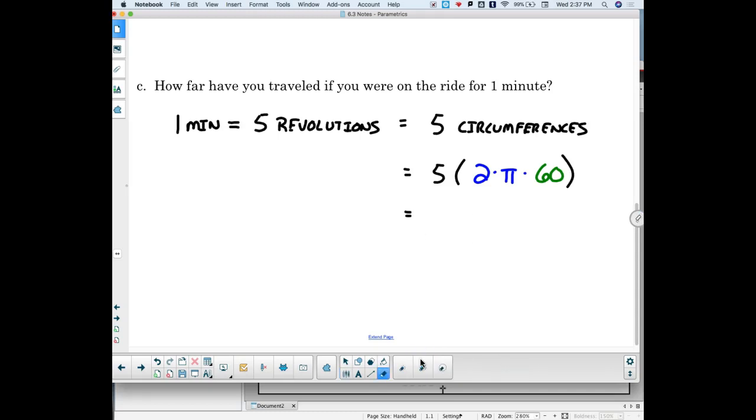I was off by 2. Tap the brakes. 600 pi, right? Which is 1884.96 feet. So we've almost gone 2/5 of a mile.